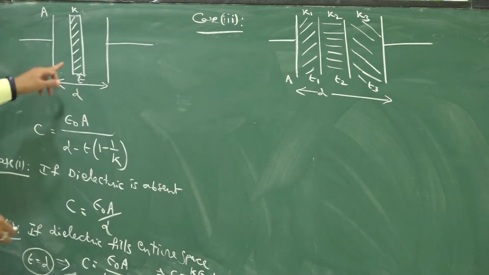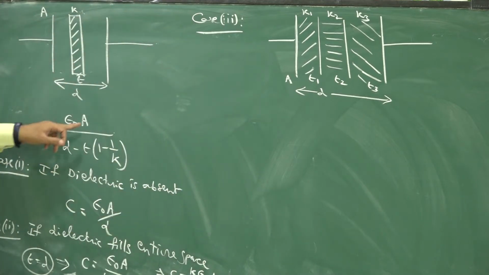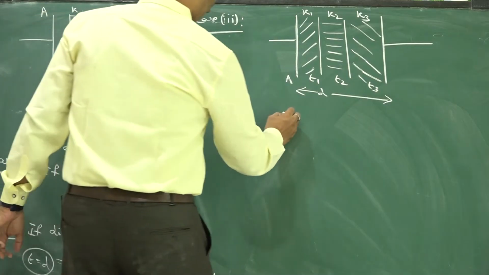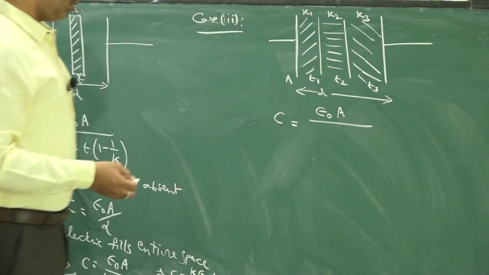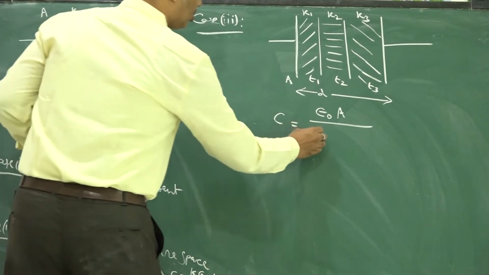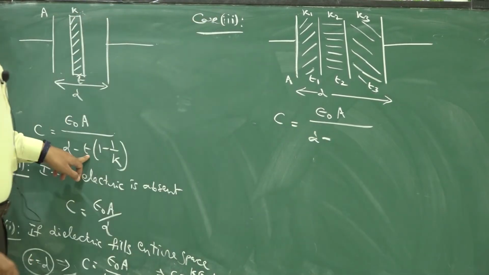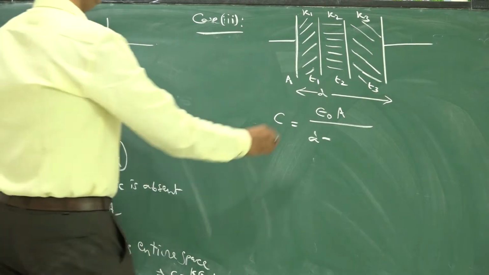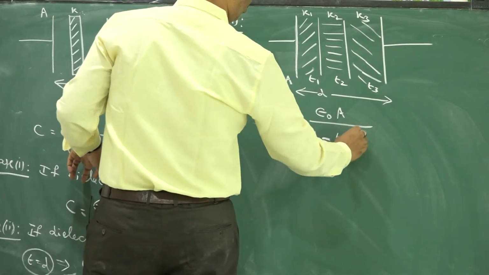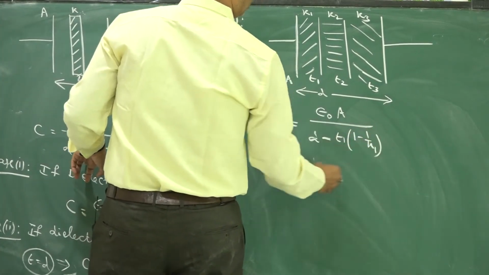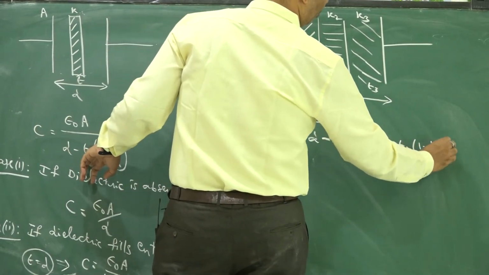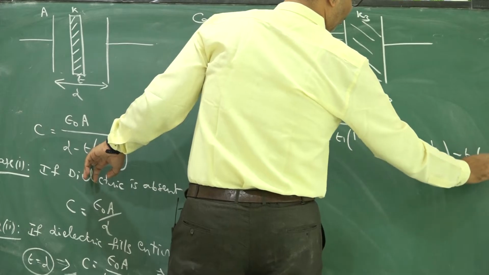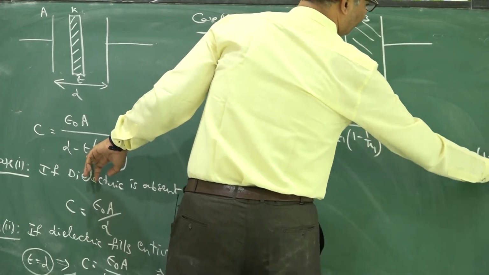You know that for a single dielectric of thickness T this is the formula. The same formula can be modified like this. C = ε₀A, the area of the plate is not changed, over D, the separation between the plates also not changed, minus T(1 − 1/K). The first one has thickness T1, so T1(1 − 1/K1). Similarly, T2(1 − 1/K2), and T3(1 − 1/K3).